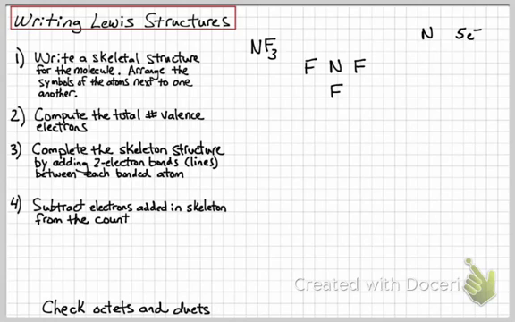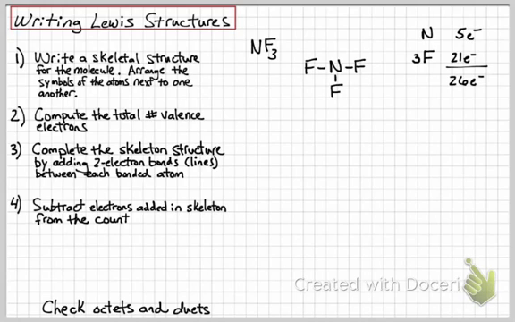Nitrogen has 5. Fluorine has 7. There are 3 fluorines, so that's a total of 21 valence electrons from the fluorines. Add those, we get 26 valence electrons for the molecule. Now we'll complete the skeleton by drawing single bonds between the bonded atoms, the nitrogen and the fluorines.